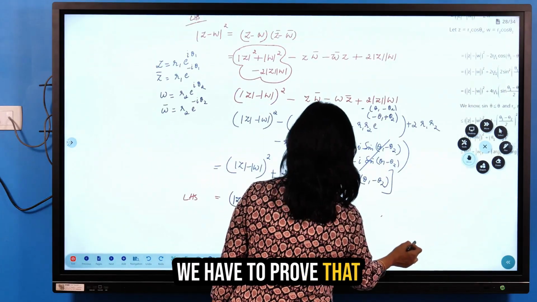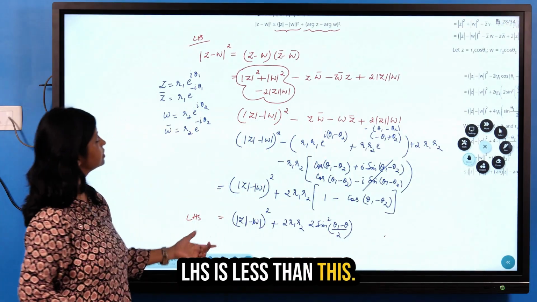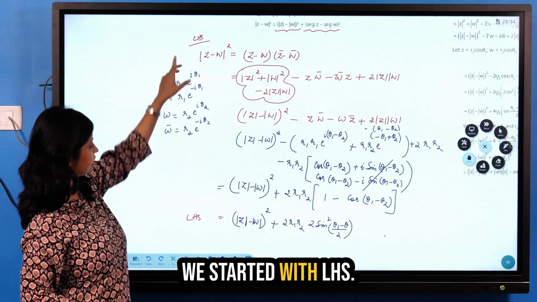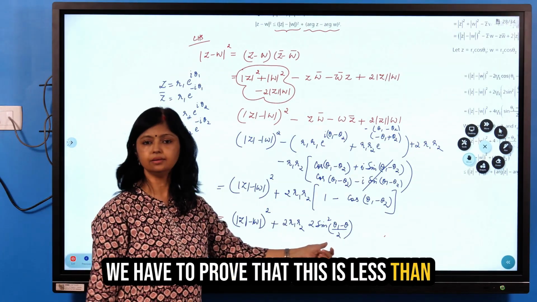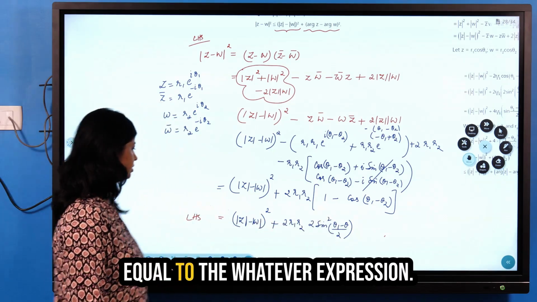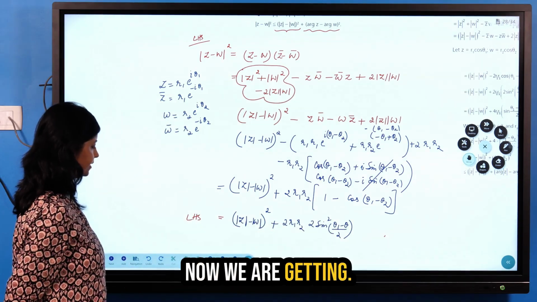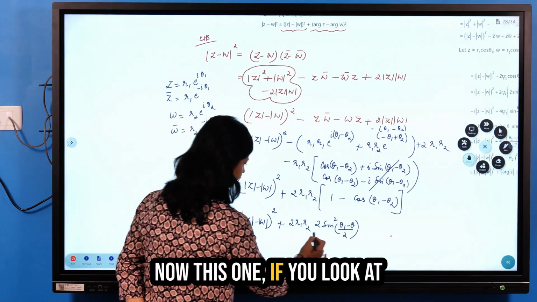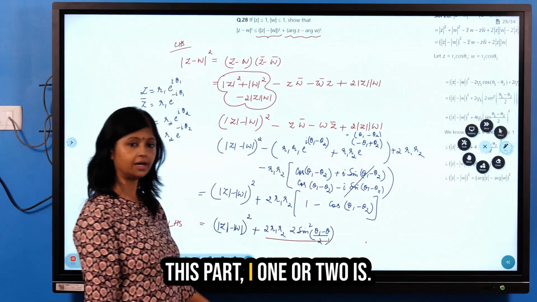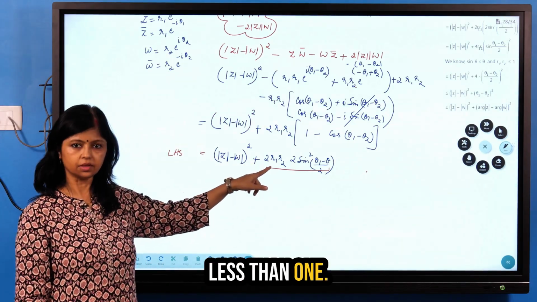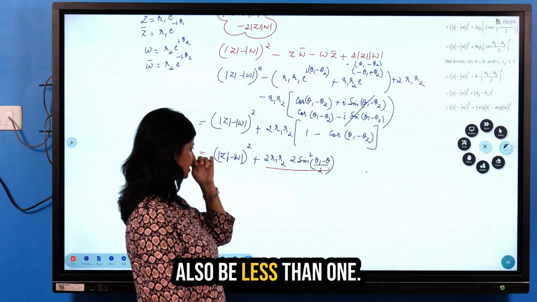We have to prove that LHS is less than or equal to the expression we are now getting. We started with LHS, and this is still equal. Now this one, if we look at this part, R1, R2 is less than 1. So R1 into R2 will also be less than 1.